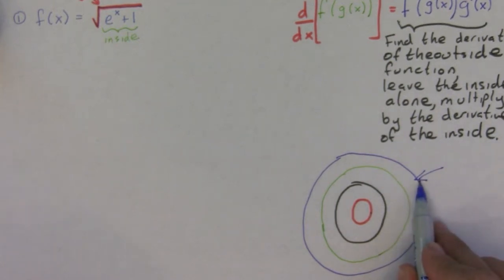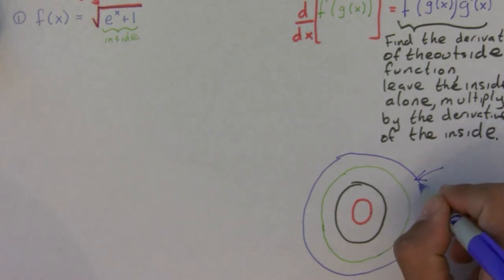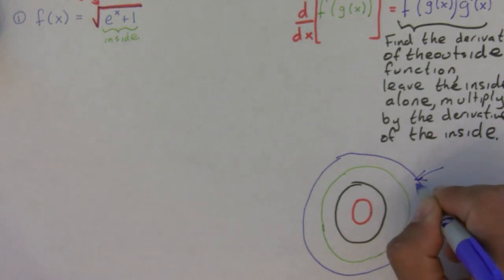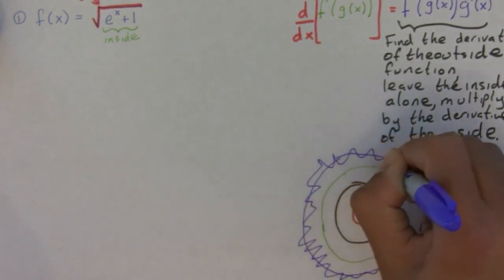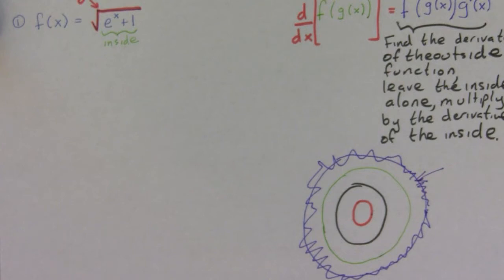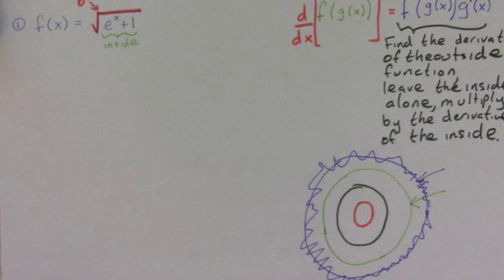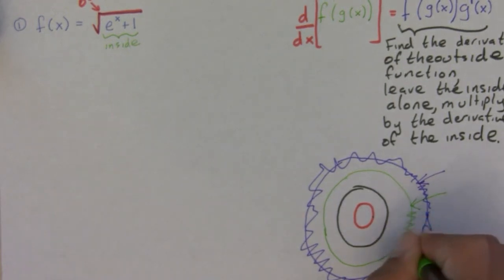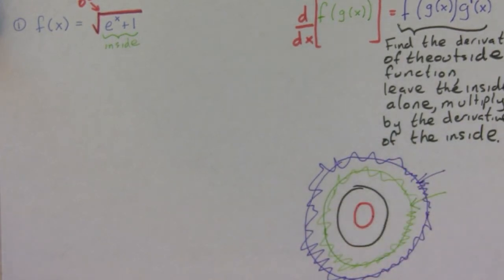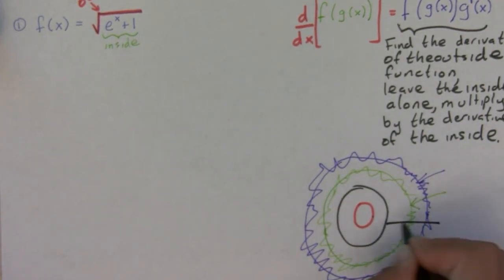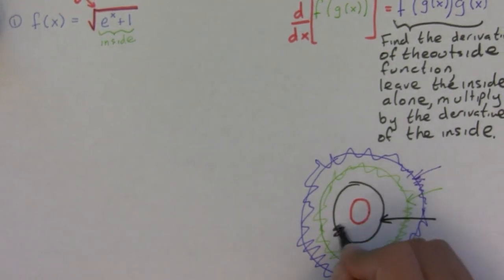So the way it works is that you get the derivative of this function first, the blue one, and when you get the derivative of that, you leave the inside alone, but then you've sort of in a way cracked the shell. Once you've cracked that shell, you're going to go back inside to the next one, and you're going to get the derivative of the next inside function.